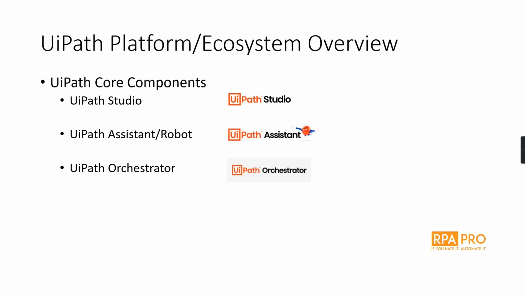So it's managing the computers, it's managing the robots themselves, it's managing the licenses, but developers might not even have to use Orchestrator depending on the automation that they are building. And users don't have to worry about it at all. But it's better to know there is this thing called Orchestrator, and the more you know, the better.